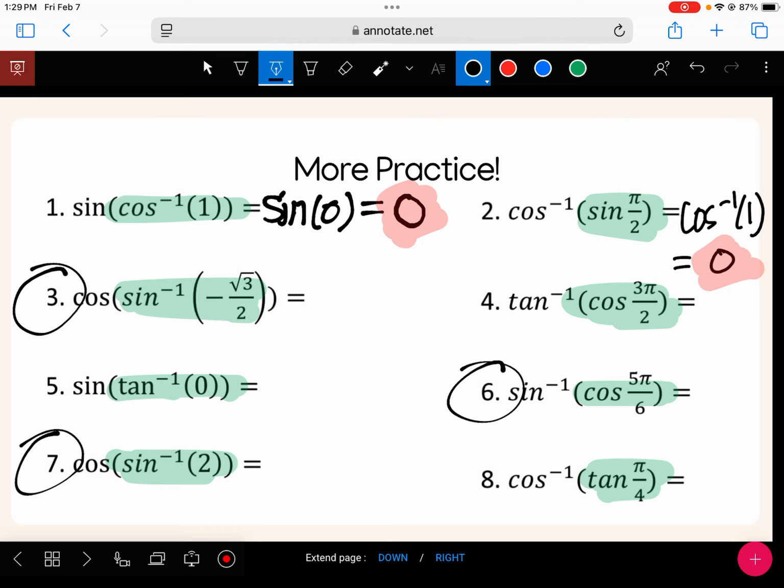Okay, very quickly, the one that everyone was doing. If on your unit circle you were going to find negative root 3 over 2 for the sine value, where are you at? Quadrant 4.